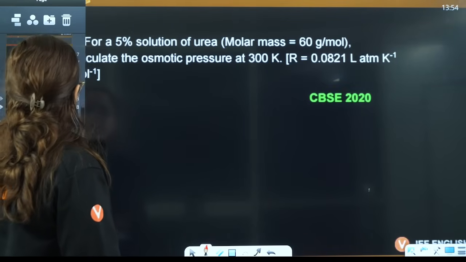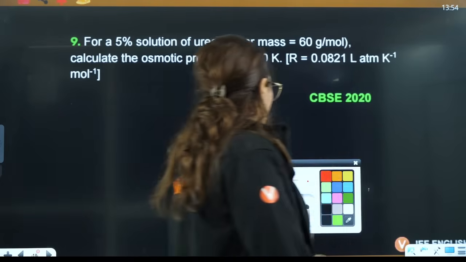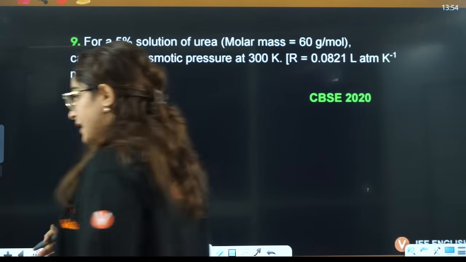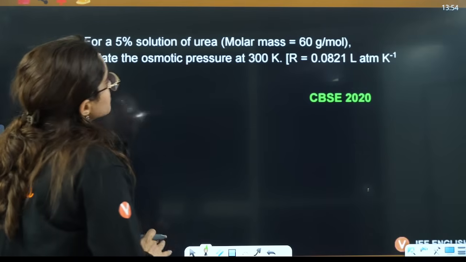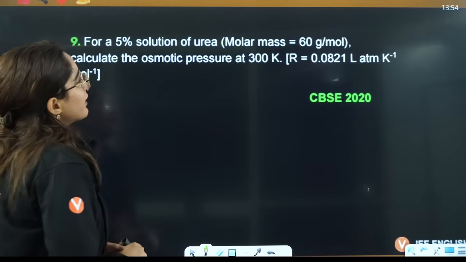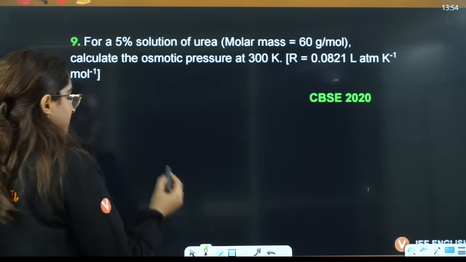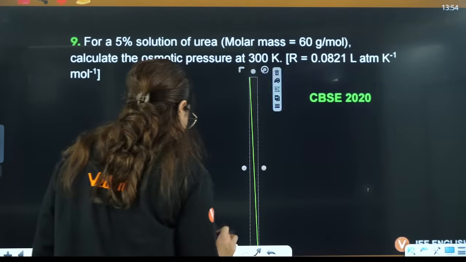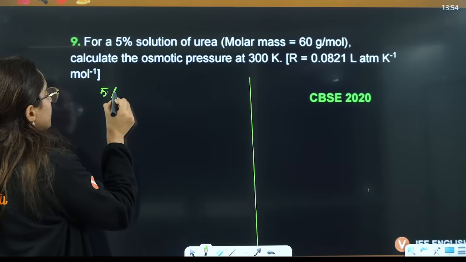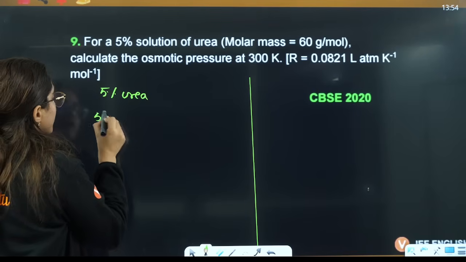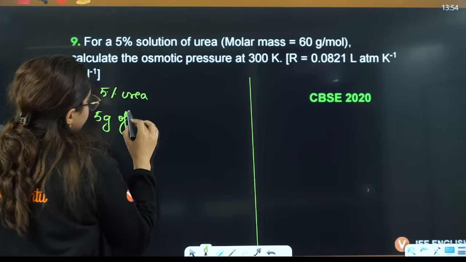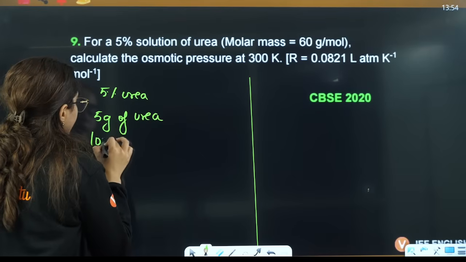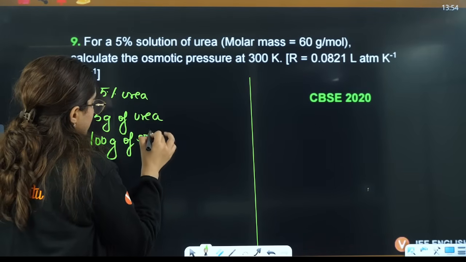Now, the next question is from CBSE 2020, which says: for a 5% solution of urea, calculate the osmotic pressure. See, here they are saying a 5% solution of urea is there. 5% urea means 5 gram of solute in 100 gram of solution.